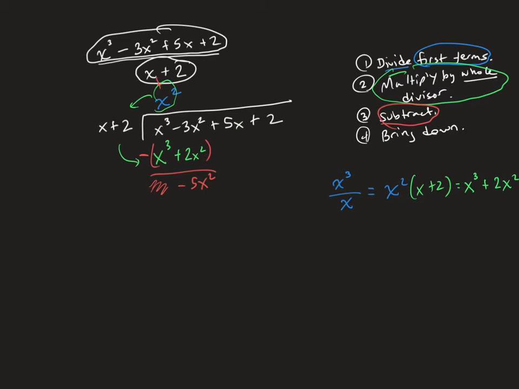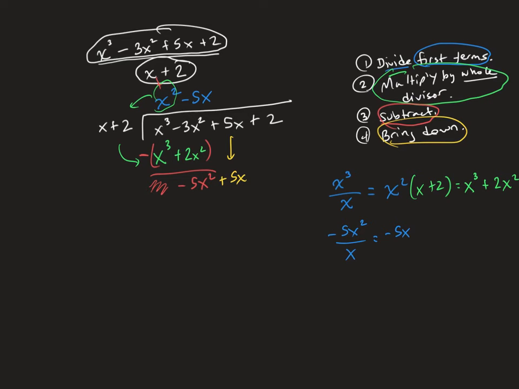So now I'm ready to bring down. I'm going to bring down the next term, and then I'm going to repeat the process. Divide the first term, but this time it's the thing that's down below, by the first term of the divisor. That goes on top.